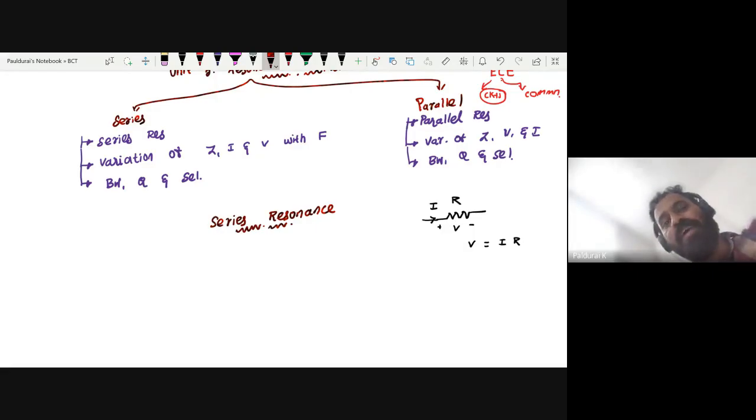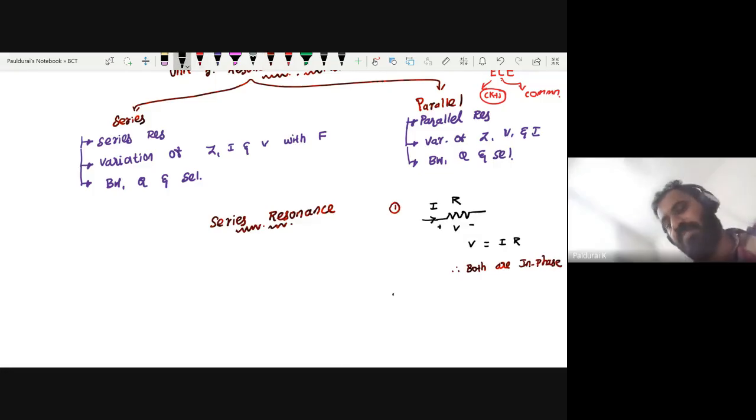Phase comes into the picture when you are playing with complex numbers; at that time only you play with the angle theta. Here all are real numbers, so both are in phase. That is my first circuit element.